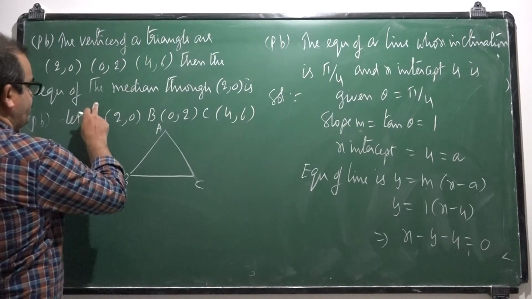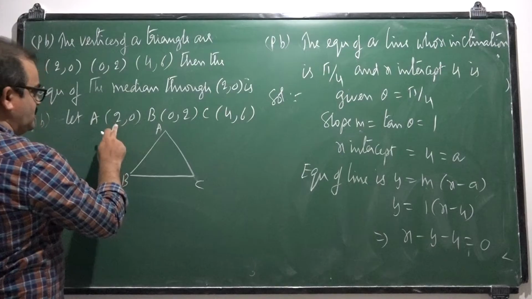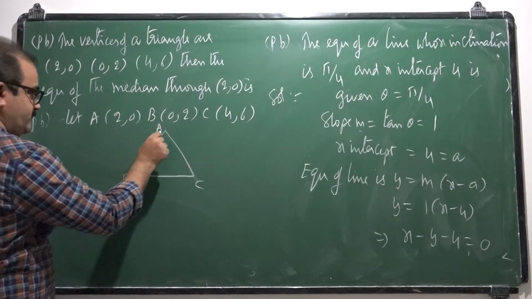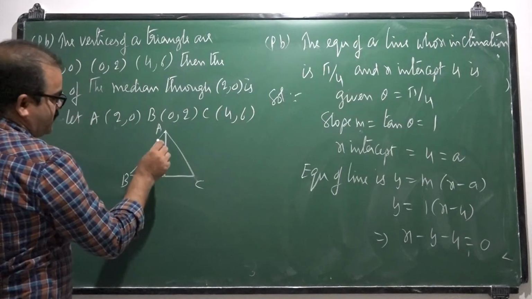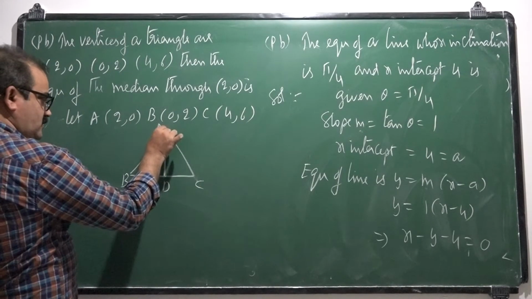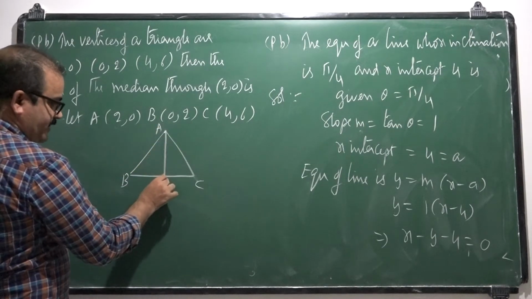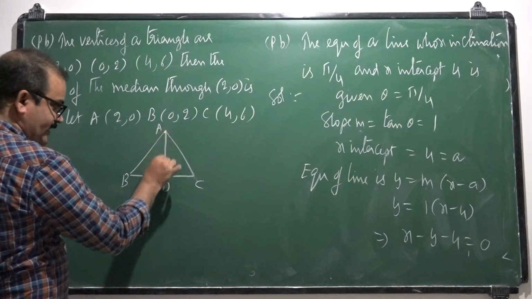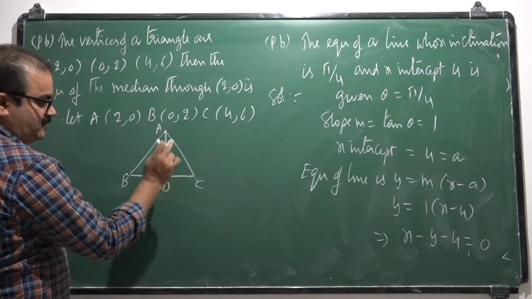Now we find equation of the median through the vertex 2, 0, through A. This median AD is the median through the vertex A. When AD is the median, then D is the midpoint of BC.